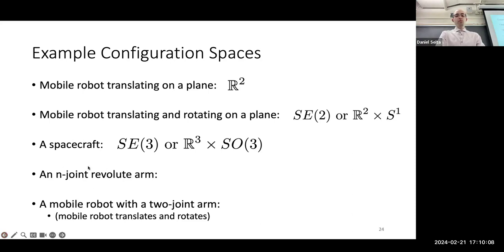An n-joint revolute arm. That means it's like the open chain arm that we saw, but with an arbitrary number of revolute joints. So that would be T to the n power. It's the Cartesian product of S1 for every single joint.